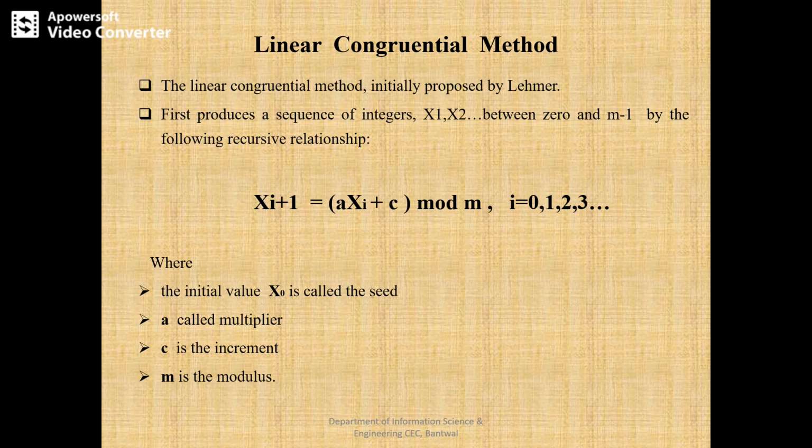So these are the basic abbreviations of the linear congruential method.